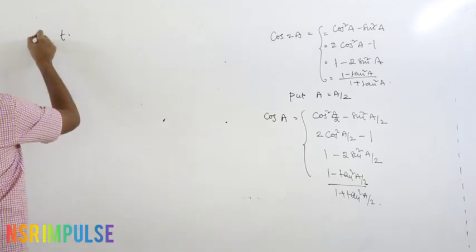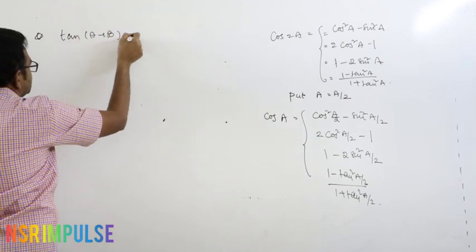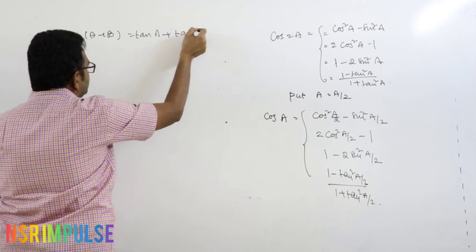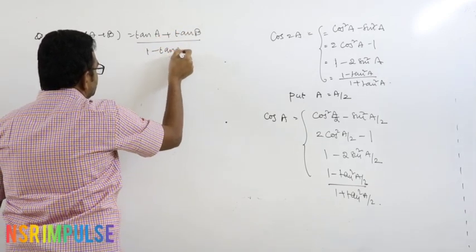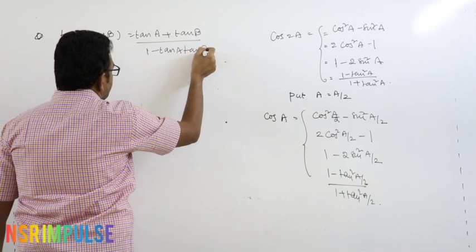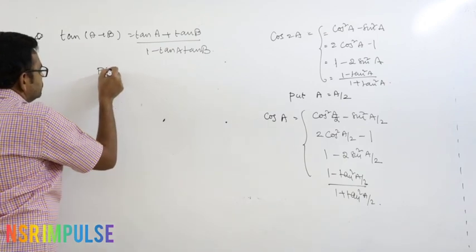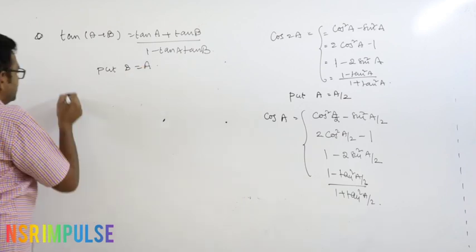Next, tan of 2a. You know that tan of a plus b is equal to tan a plus tan b by 1 minus tan a tan b. In this, put b equal to a.